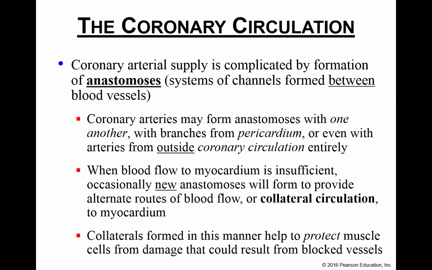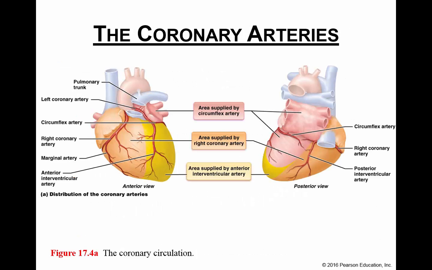And that's a good thing, because when blood flow to part of your myocardium is not sufficient, you'll have these new anastomoses that might form that provide a different route of blood flow to the myocardium. It's called collateral circulation. And that protects the muscle cells from damage if you've got blocked vessels.